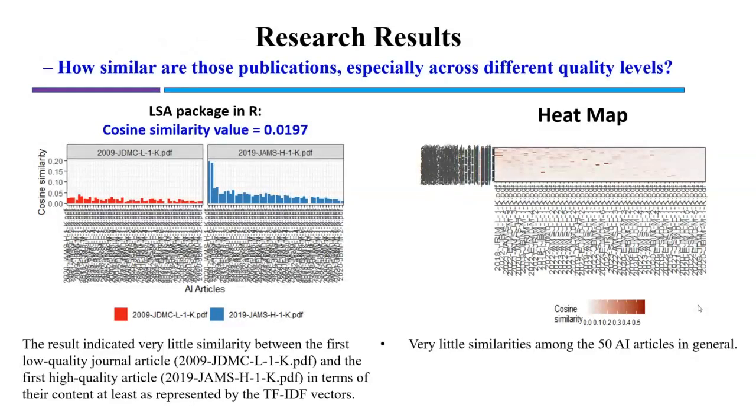share much similarity. Okay, so here is another very interesting way to help you visualize why we think these 50 papers are different rather than similar. So here is 50 papers. This is also 50 papers. So basically, if the similarity is high, it will become very dark.